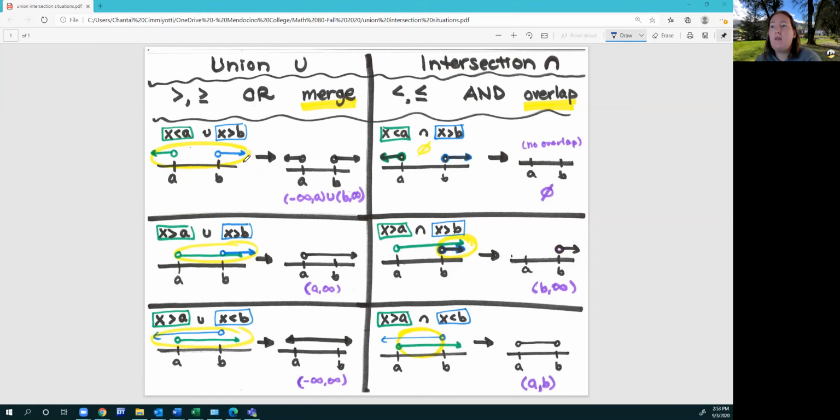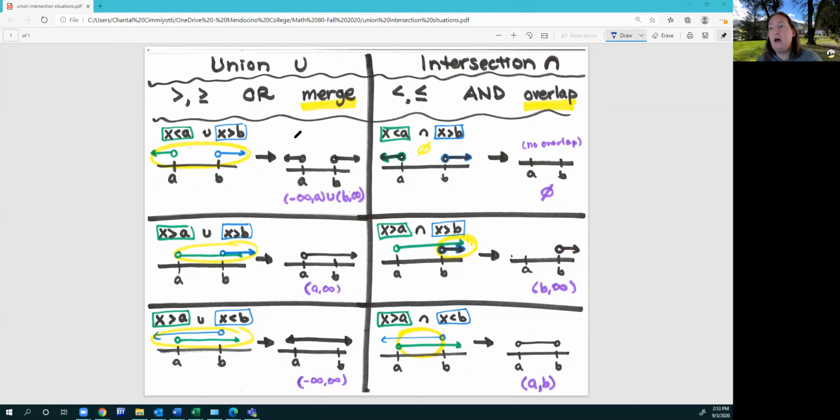So I have two intervals in opposite directions here. When we merge them together, that's what we have. And for interval notation, you'd use the U symbol, and if you were writing this out, you would use the word or.